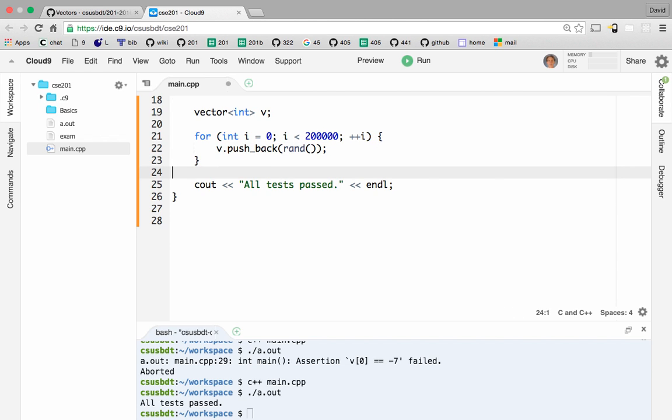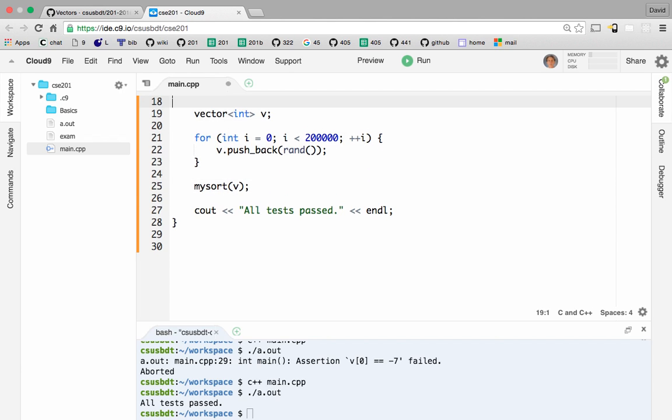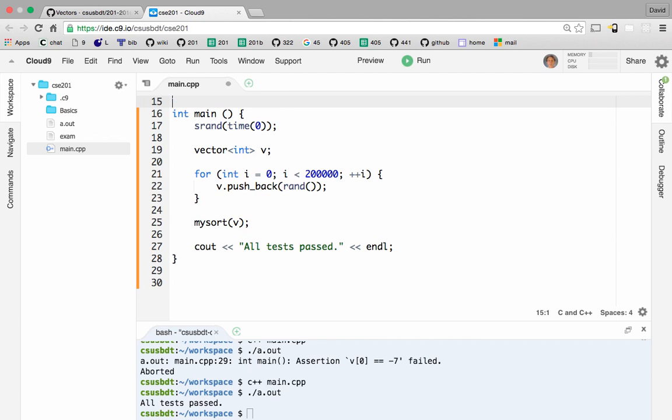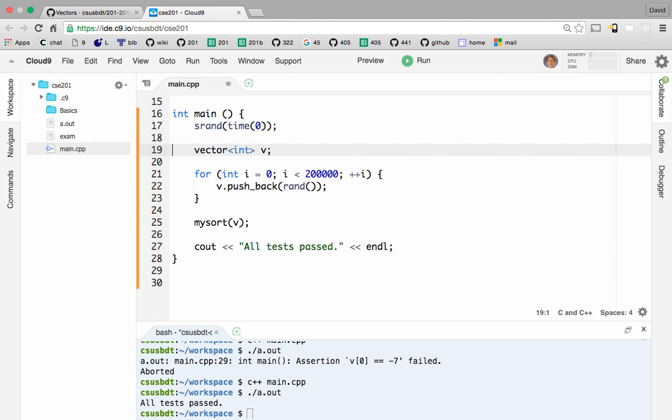There's a vector with 200,000 random integers. And then we're going to sort that. We've determined from our test code, although the test code is not too extensive, that our sort program is working. Seed the random number generator, create an empty vector, push back 200,000 random numbers, call my sort, and then print done.